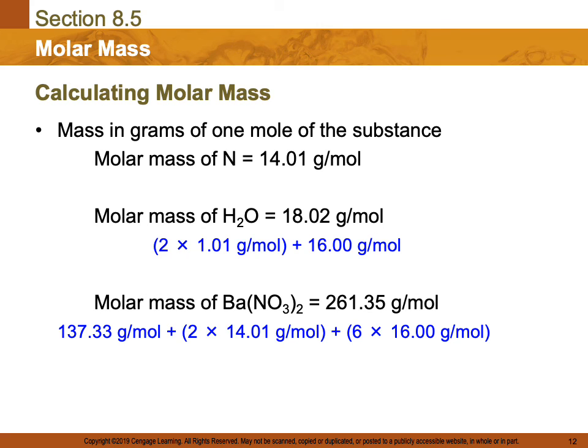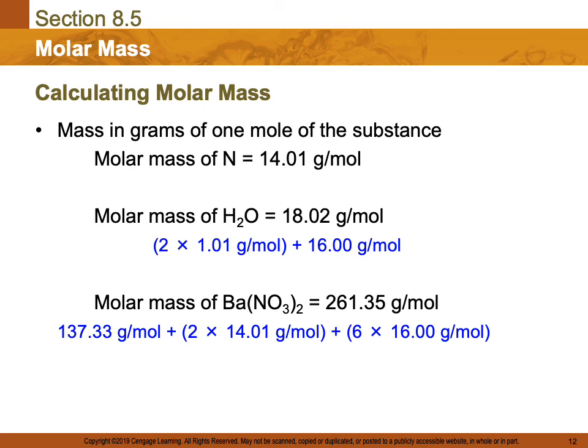Compounds such as barium nitrate, Ba(NO3)2, are more complex. You need to multiply the subscript on the polyatomic ion, in this case the number 2, by the subscripts in the formula of the ion to get the number of atoms. So this compound contains 1 barium atom, which has a mass of 137.33 grams per mole.